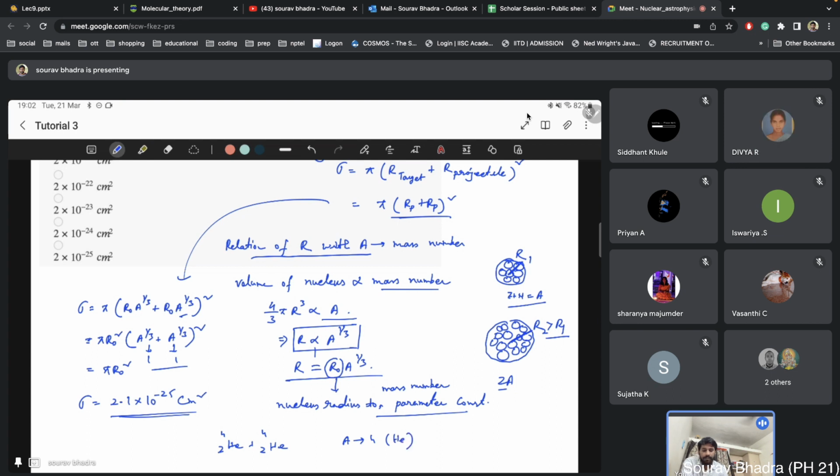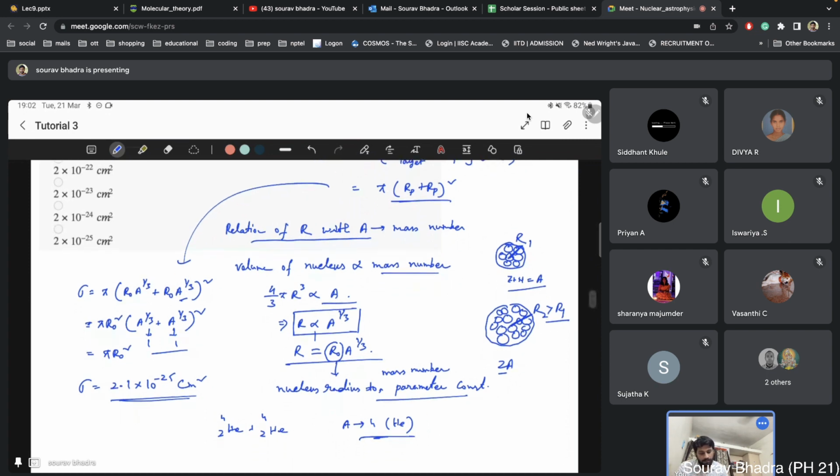So just replace that A, which I have written here as 1 for proton, by 4 to the power 1/3 plus 4 to the power 1/3, whole squared. That will give you the classical cross section of the helium plus helium reaction.